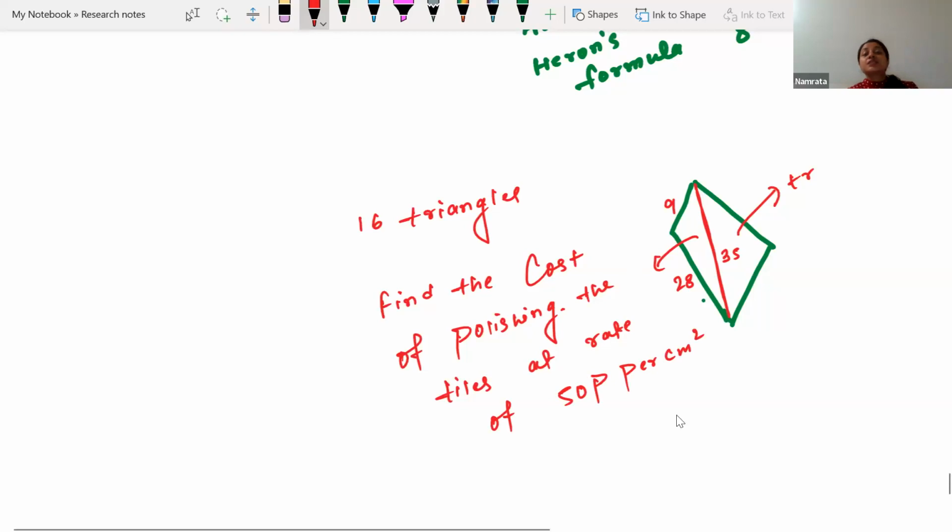So we have 16 triangles, like a tile which has 16 triangles, and we have to find the cost of polishing the tile at the rate of 50 paise per centimeter square.